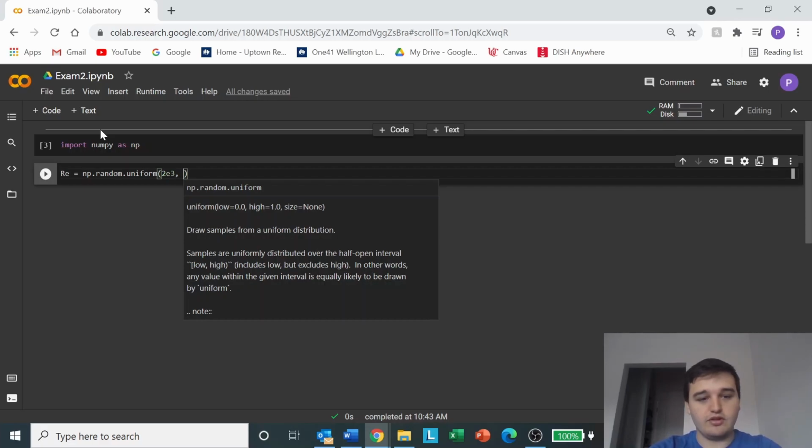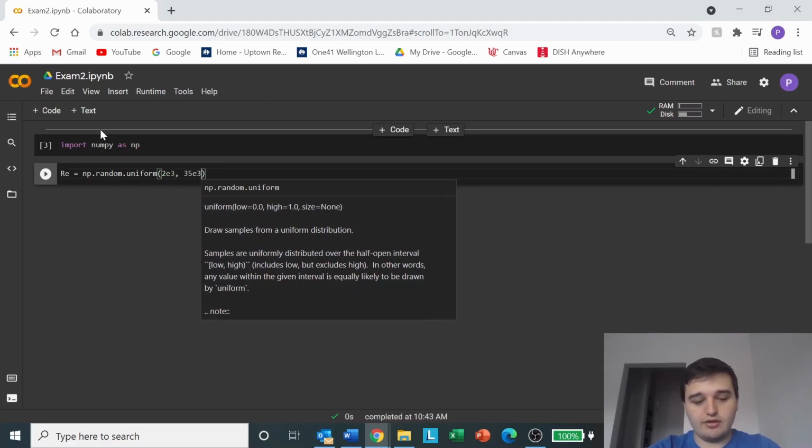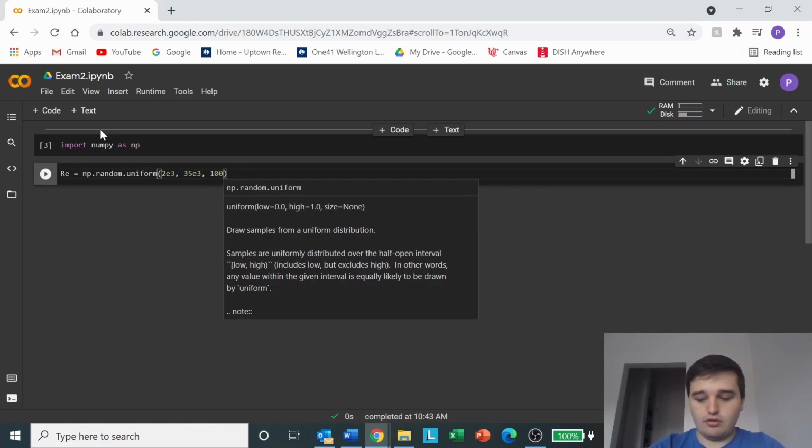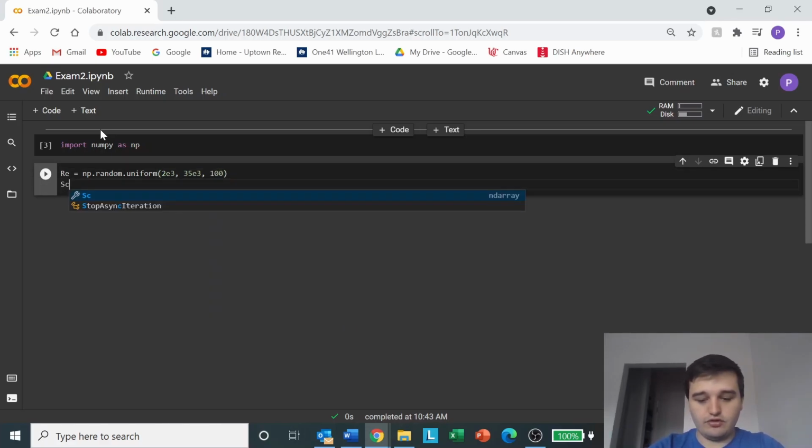As you can see, the uniform function needs a low, it needs a high, and then it needs how many samples we want drawn. So we want it from 2000 to 35,000 because that's when this relationship is valid with these specific coefficients. And then we want 100 numbers drawn. We're going to do the same thing for the Schmidt number.